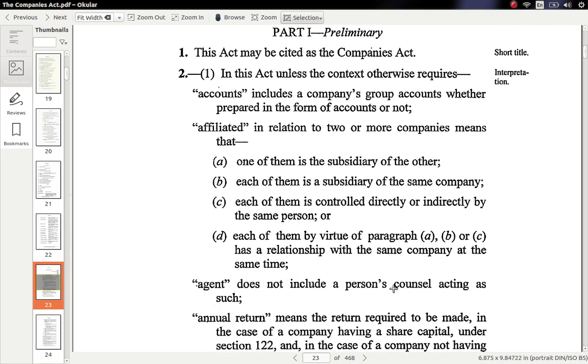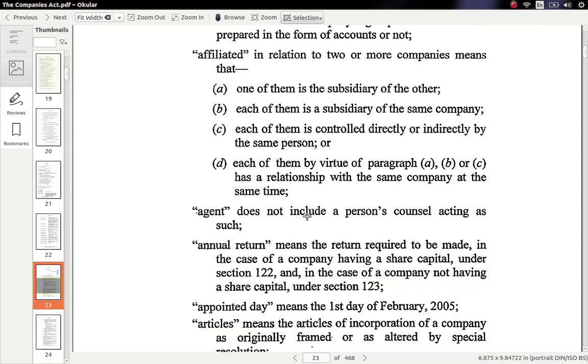Okay. Agent does not include a person's counsel acting as such. So it does not include a lawyer. So your agent, your lawyer is not one of your agents.